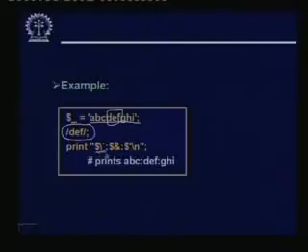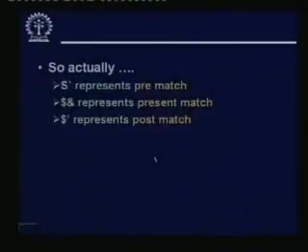So in the first case it refers to the preceding string. Whatever there was before the match, the string ABC, that will be printed followed by a colon. Then $& means the present match. $' means whatever is there after the match, GHI. So the first one represents something called the pre-match, whatever was before; the second represents the present match, the exact match that occurred; and this represents whatever is after that.